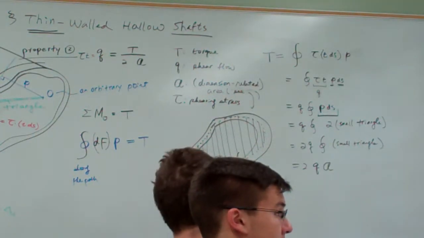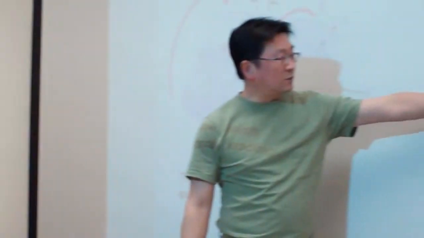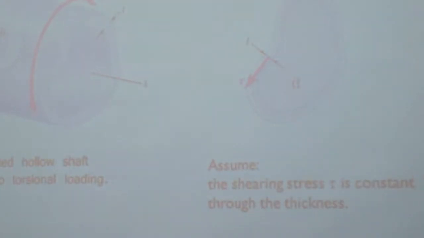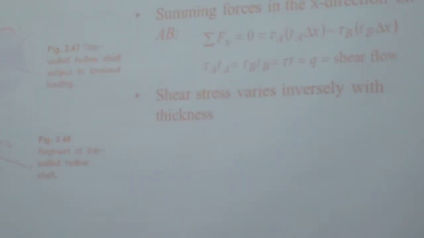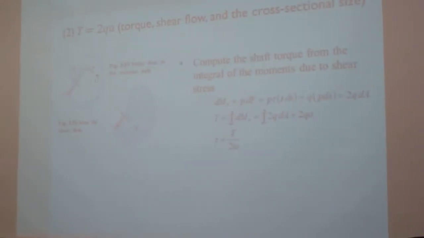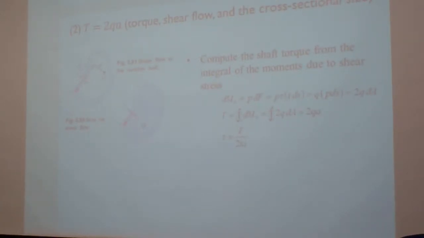So again, this area here is A. That is the symbol used in our textbook. So we see what is the next page of my slide. Okay, so here we can quickly go over. That is for the first property, and this is for the second property.